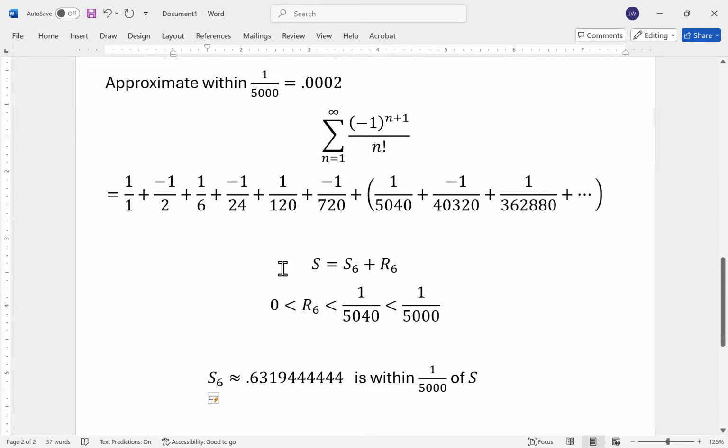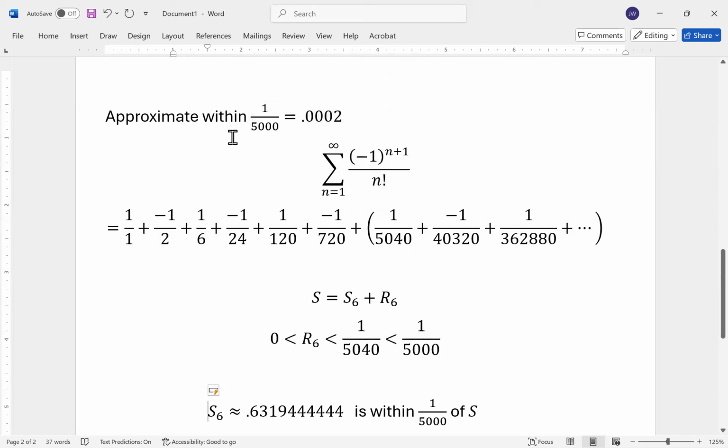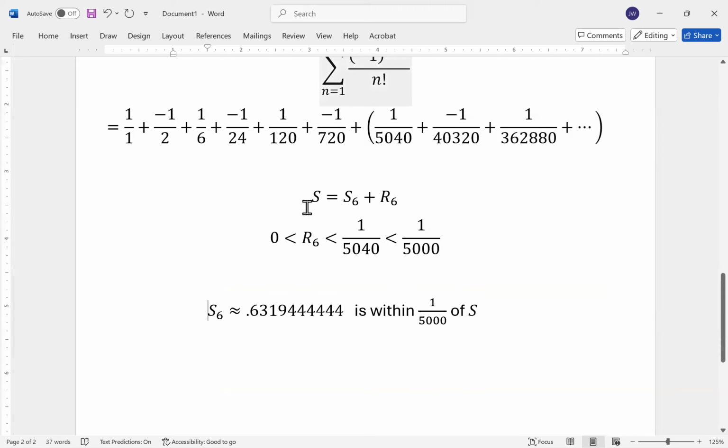Now, by the way, like I said, we wanted to approximate within 1 over 5,000. 1 over 5,000 was about 0.0002.